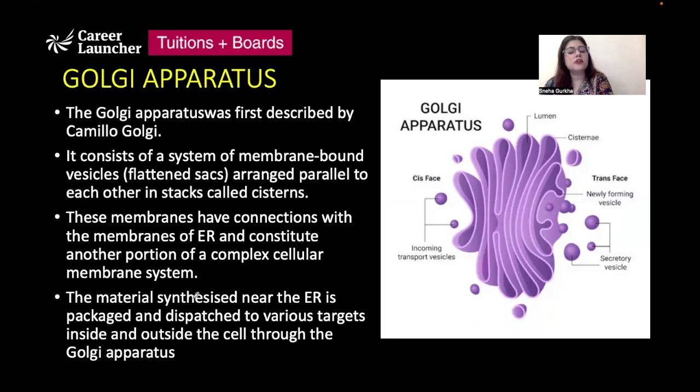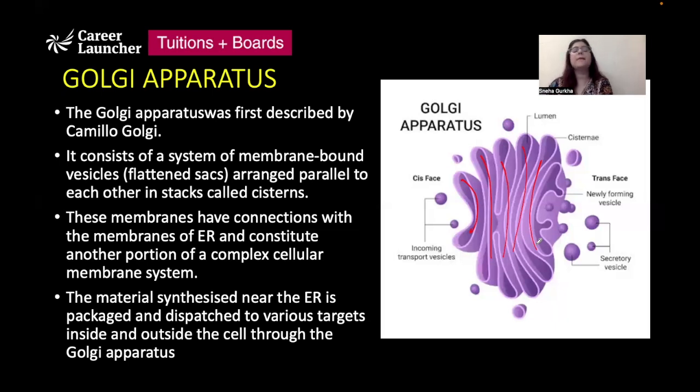And Golgi apparatus also consists of membrane-bound vesicles and flattened sacs that are arranged parallel to each other in stacks known as cisternae. If we see the structure of the Golgi apparatus, we will see a lot of sacs arranged parallel to each other. And Golgi apparatus works in very close proximity with the endoplasmic reticulum, and together the endoplasmic reticulum and Golgi apparatus form a major part of the cellular membrane system.